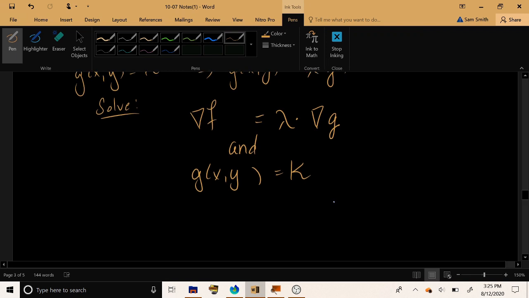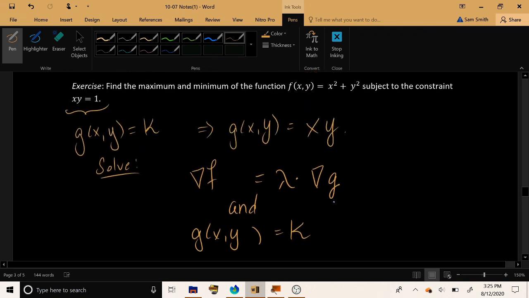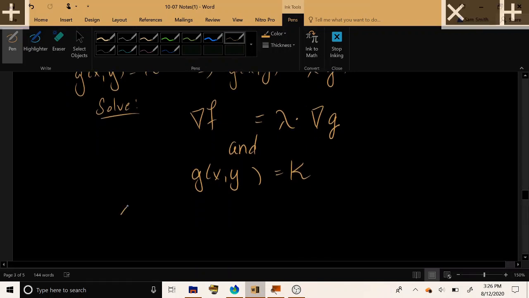Now in our particular problem, let's find the gradient of f and the gradient of g. The gradient of f, the gradient of x squared plus y squared, is the vector in the first coordinate, the partial derivative in the x direction, and then the partial derivative in the y direction of x squared plus y squared.